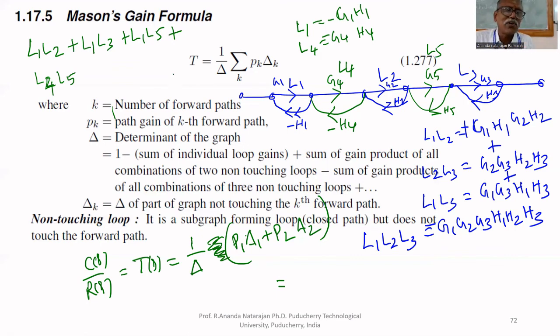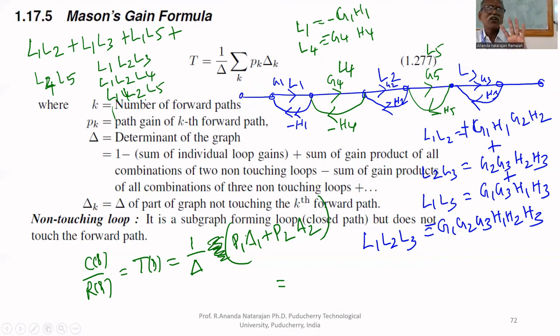That's all. For that, what you have to do is take all the possible combinations. L1, L2, L3, L1, L2, L4, L1, L2, L5. But no need to consider these two because already L1, L2 are touching. Why should we consider them? We have to use our IQ. That is the drawback with this system. We cannot use it as a formula.